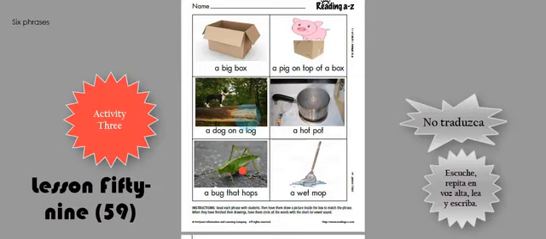Here is a grasshopper. A grasshopper hops. And here is a mop. This mop is wet. Can you see water on the floor? This makes the mop wet.